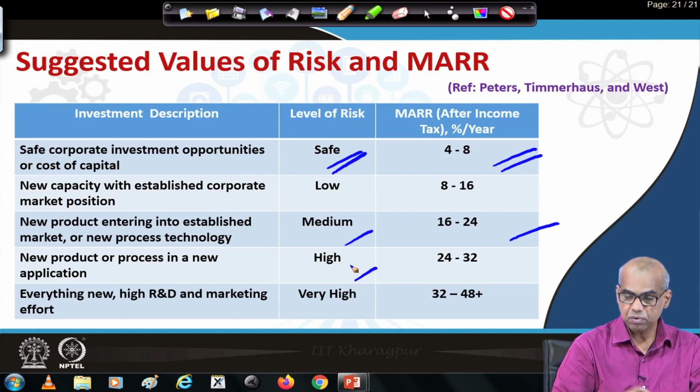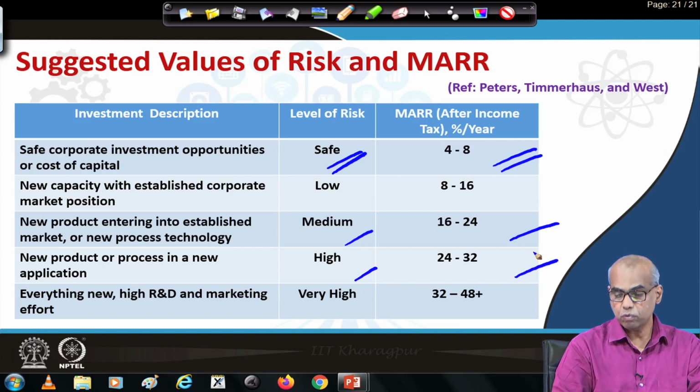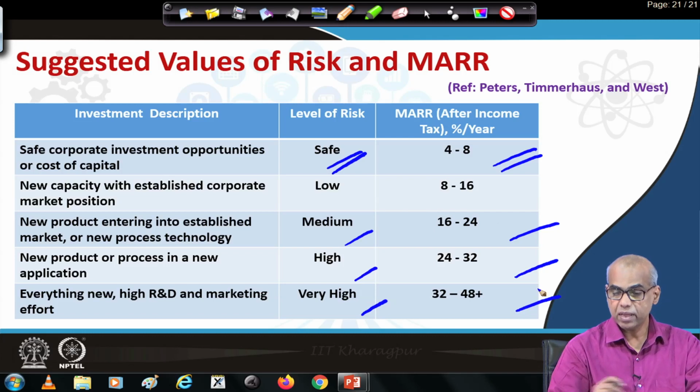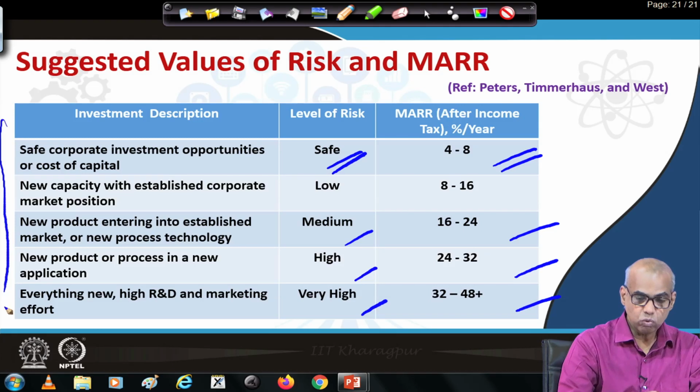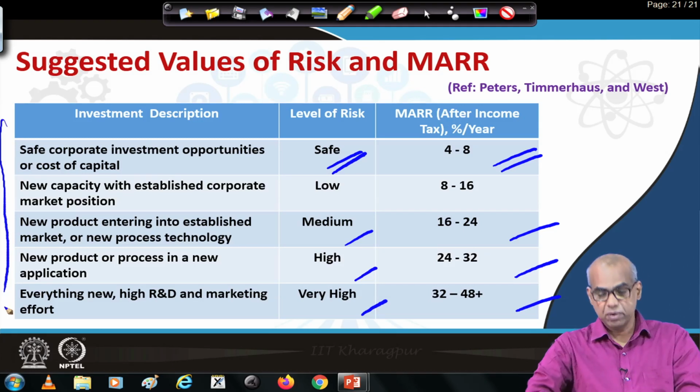For high level of risk, the minimum acceptable rate of return may lie between 24 to 32%, and when the level of risk is very high, the minimum acceptable rate of return has to be set as high as 32 to 48 or plus percent. And these are the investment descriptions which have the corresponding level of risk.